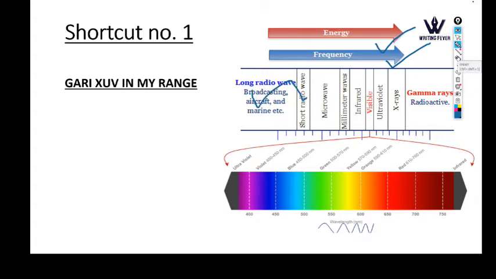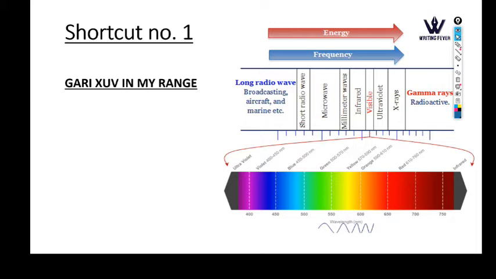So it is not possible to remember it easily. So let's tell you a shortcut. That is Gary XUV invariance. It is one of the best shortcuts to remember this electromagnetic spectrum. Using this shortcut you can easily remember the electromagnetic spectrum in a series.